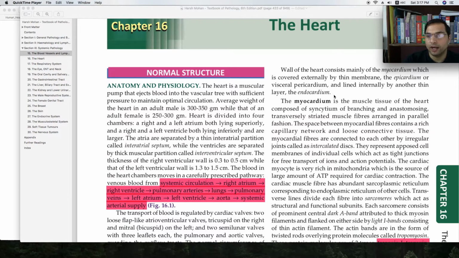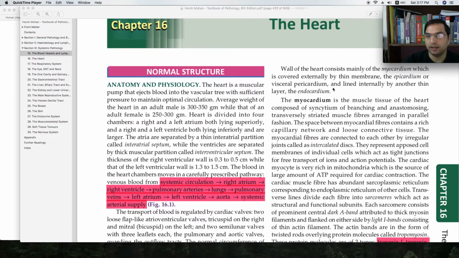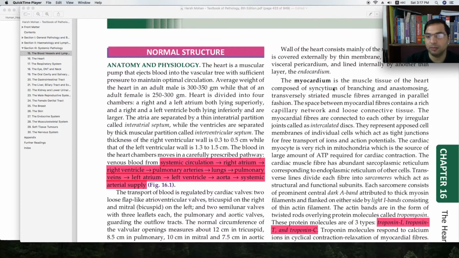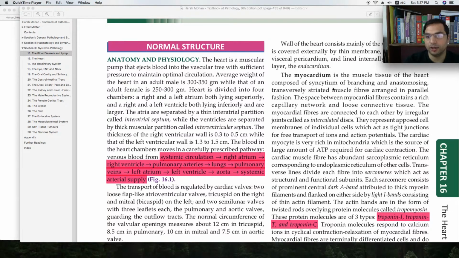So endocardium, myocardium and pericardium. Now this pericardium is a double membrane. The inside is the visceral membrane and the outside is the parietal membrane, and between them there is a little fluid, a very small amount of pericardial fluid, so as to avoid friction.